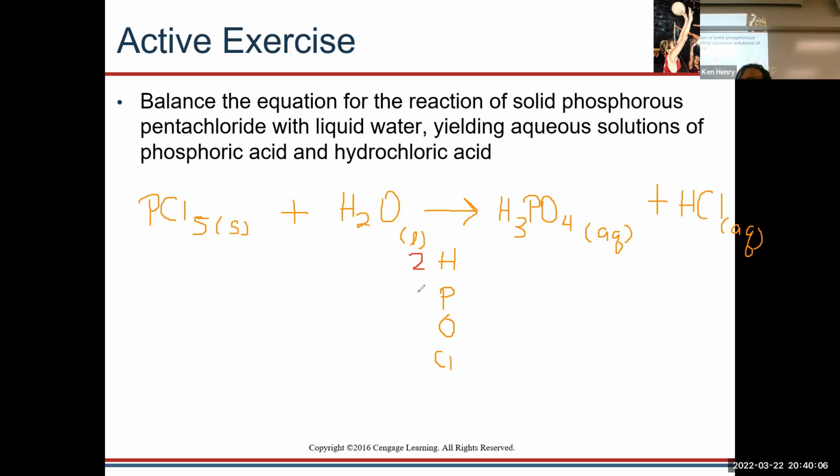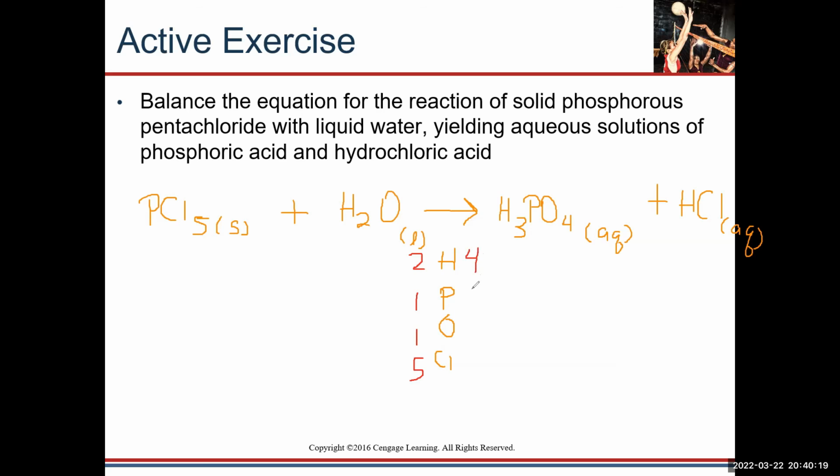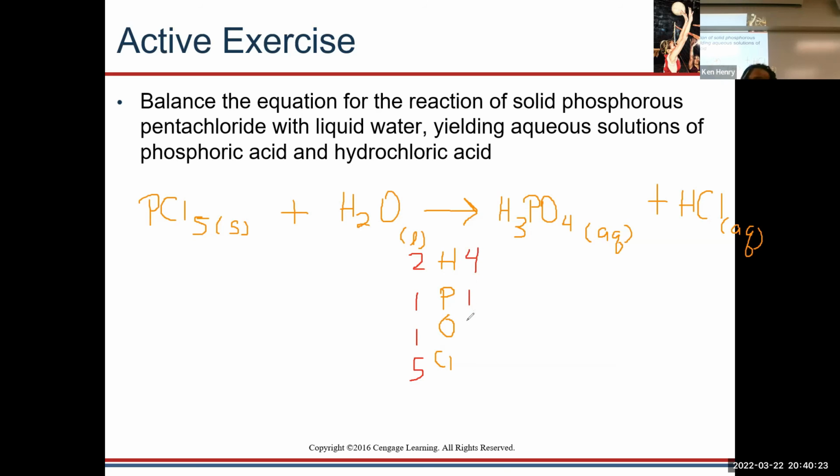How many phosphorus? How many oxygen? And how many chlorine? 5. Then on our product side, 4 hydrogens, 1 phosphorus, 4 oxygen, and how many chlorine? 1. Okay, is that balanced?